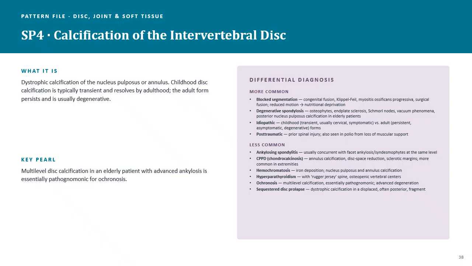In a child, if we're seeing disc calcification, that can actually be temporary, or it may disappear as that patient gets older. In an adult, if we see this and it starts to persist, we commonly associate that with things like degenerative diseases or wear and tear changes on the patient over time.